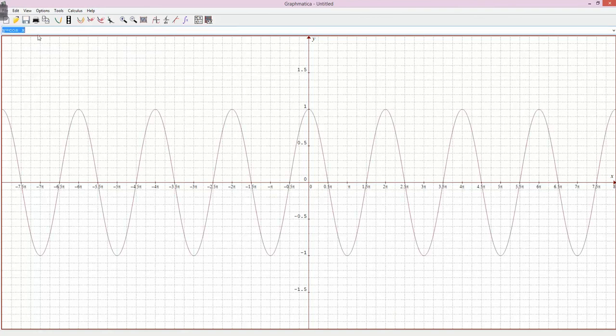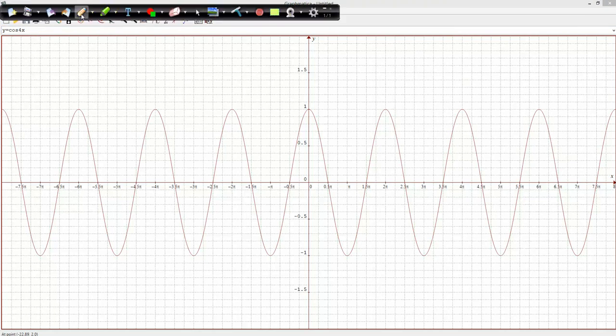Let's put cos x in there. Let's leave our very extended x-axis for now. Let's put in y equals cos 4x. Well, let's do a little prediction again before we go and graph anything.